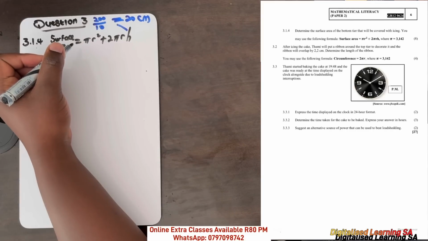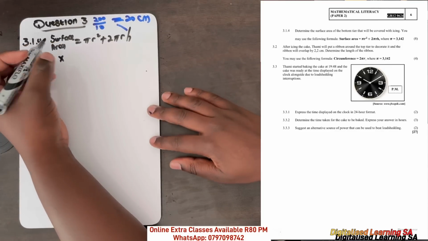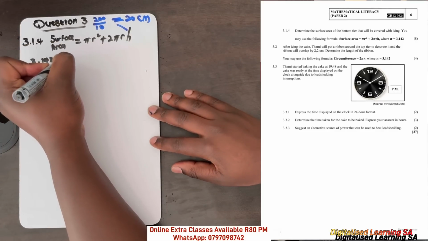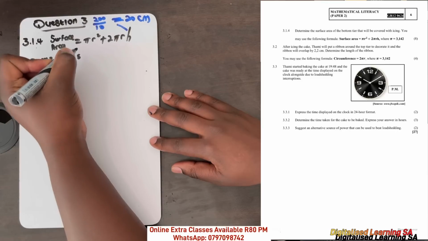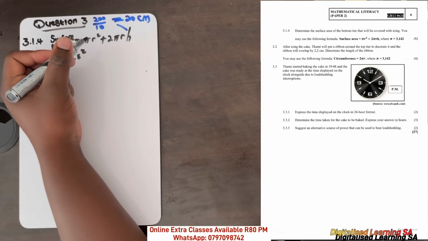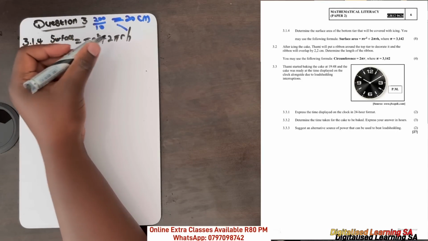So our radius was given for the bottom tier cake, which was 12.5 centimeters. So it will be multiplied by 12.5 to the power 2. So the 2 is on our formula. And then we have a plus sign here.